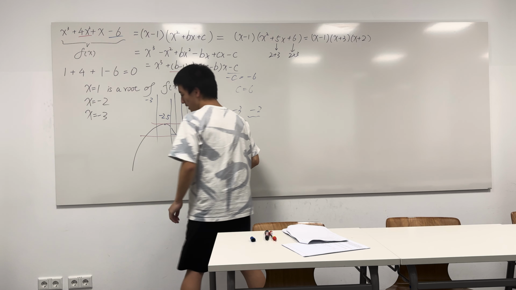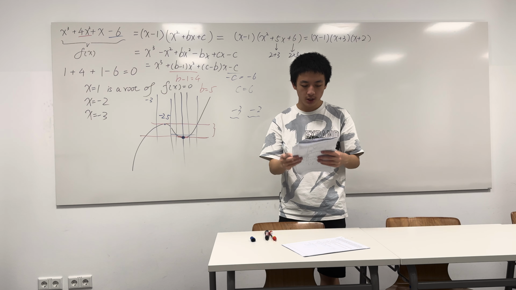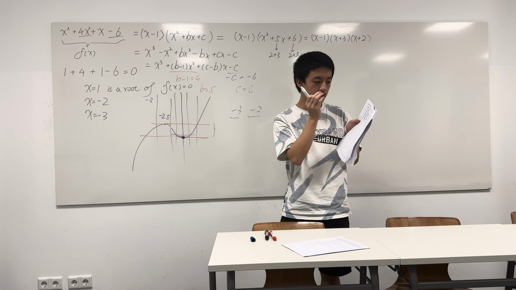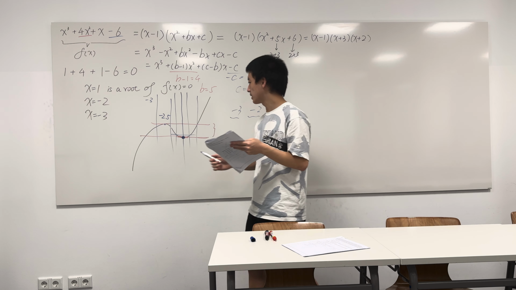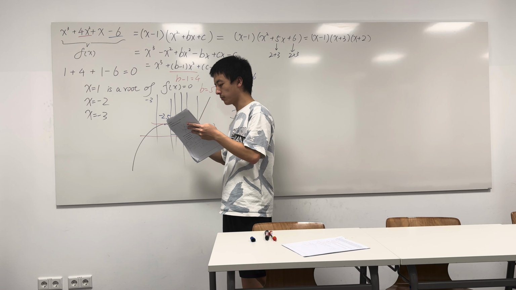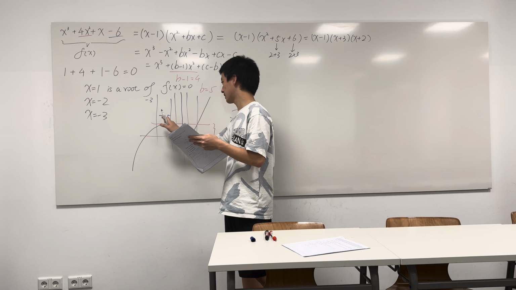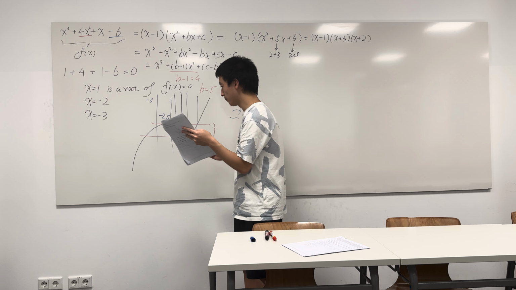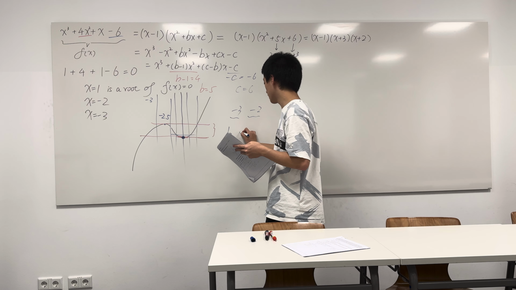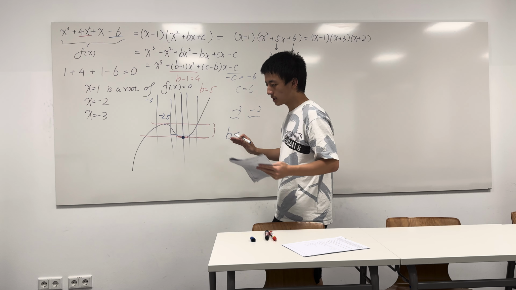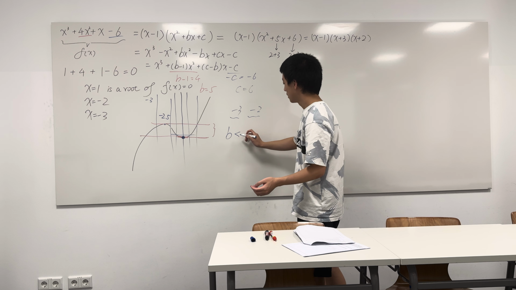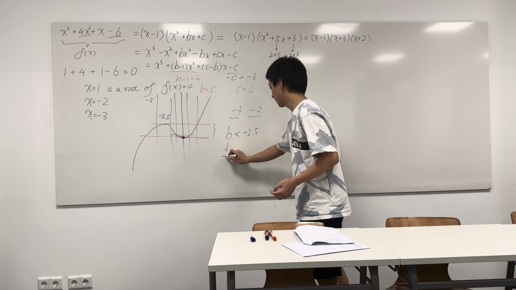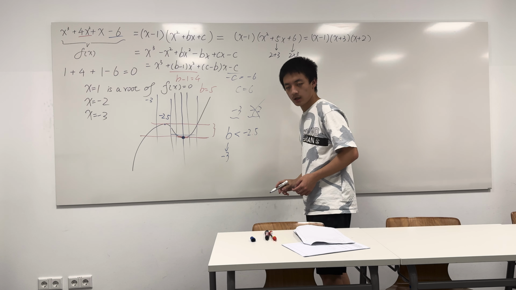But if we change the question so that b belongs to the real numbers, same as question b, then the largest possible value of b should be this point, something like negative 2.5. But this asks for an integer, so we try to find the largest integer less than negative 2.5. So this one should be negative 3, but not negative 2. Does that make sense?